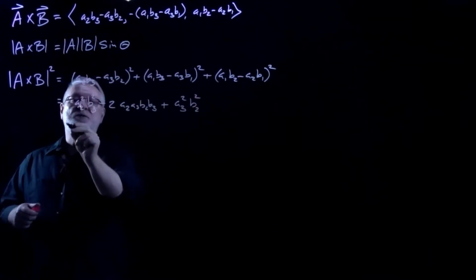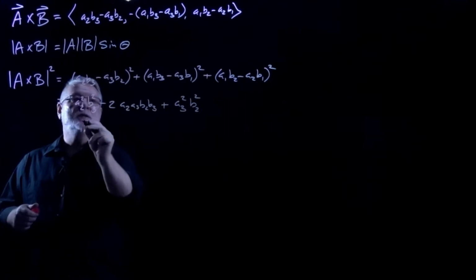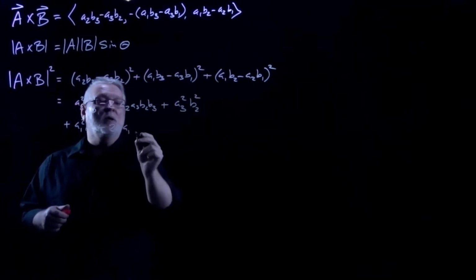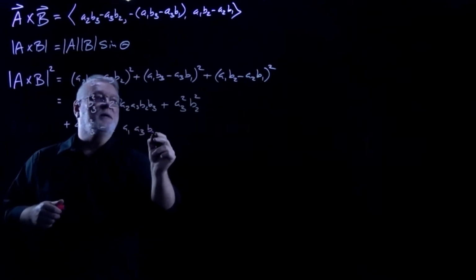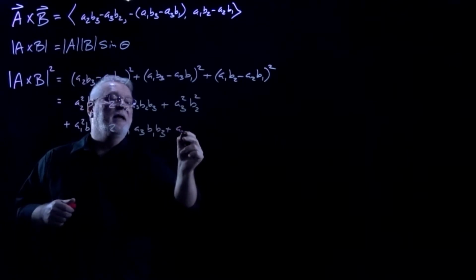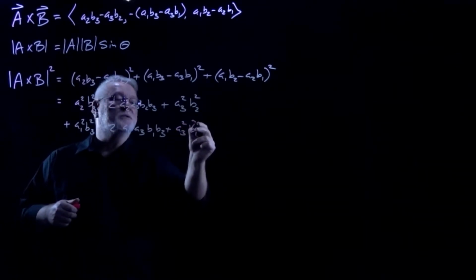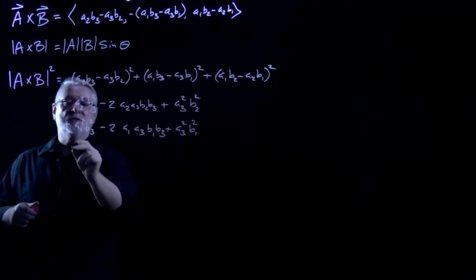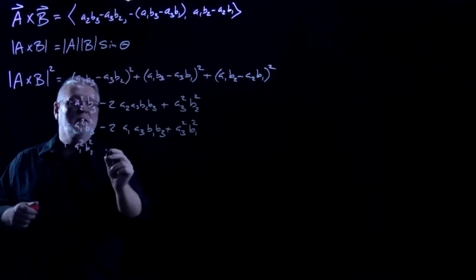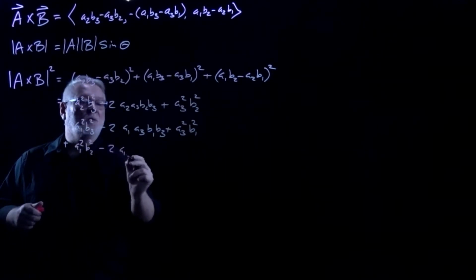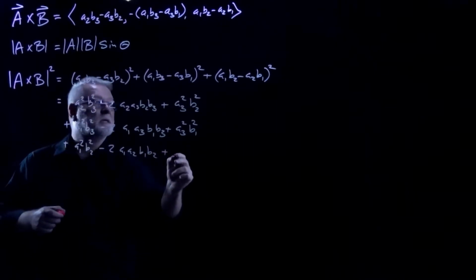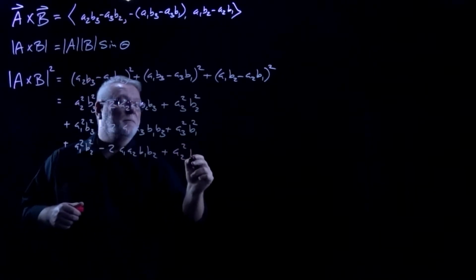The middle term is going to produce plus A1 squared B3 squared minus 2 A1 A3 B1 B3 plus A3 squared B1 squared. And finally, the last one's going to produce A1 squared B2 squared minus 2 A1 A2 B1 B2 plus A2 squared B1 squared.